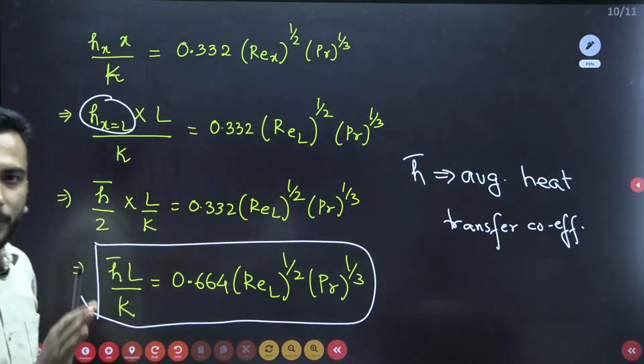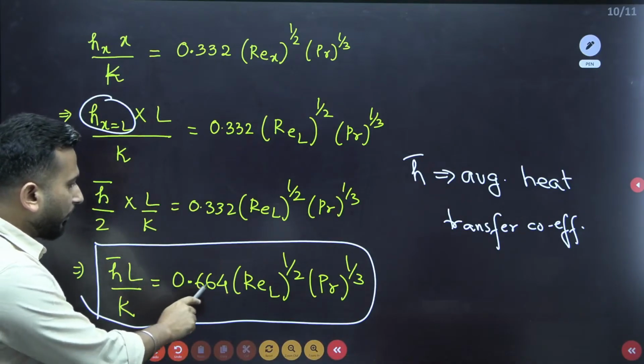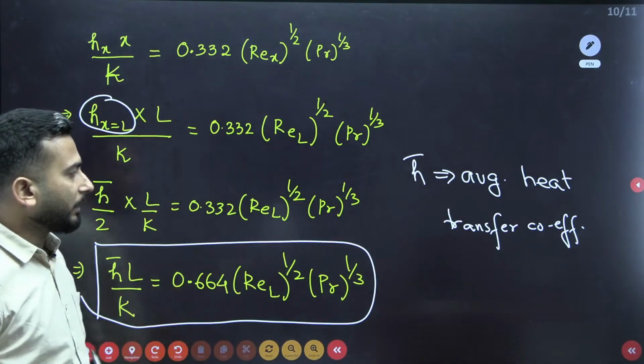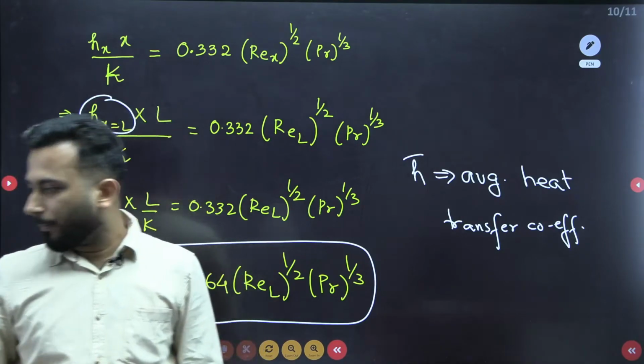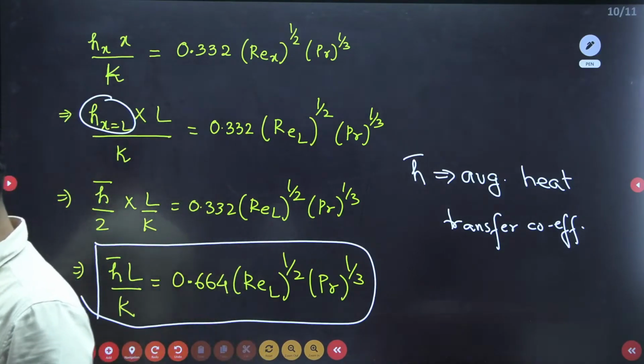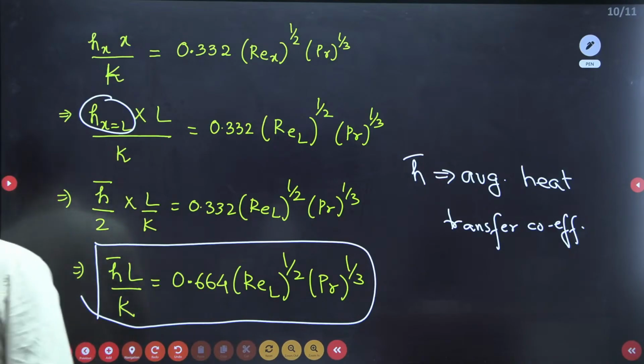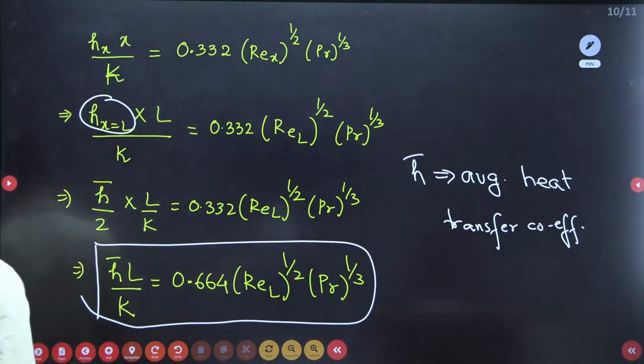The single value which covers the entire plate is equal to 0.664 Re_L to the power half, Prandtl to the power 1 by 3. Okay. So these are the things that you have to remember as far as flat plates are concerned.